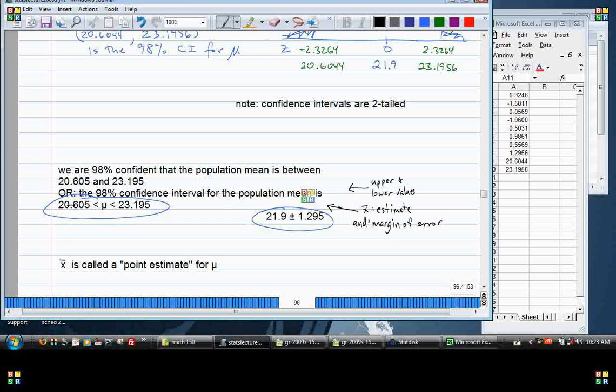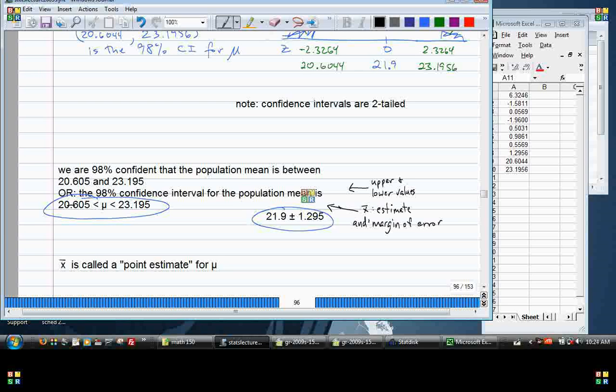It's still x bar. I'm just saying, in the context of doing confidence intervals, x bar is called the point estimate for mu. The publisher's website may ask what is the point estimate. If it comes up, now you know.